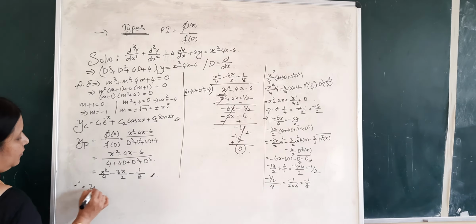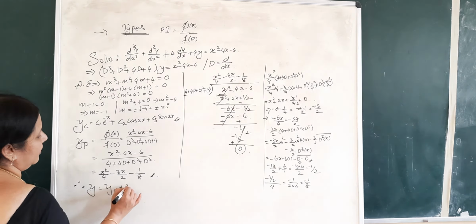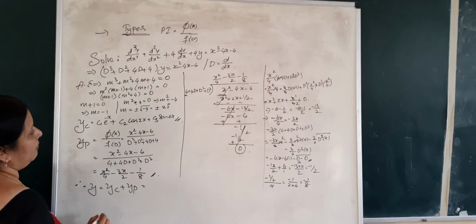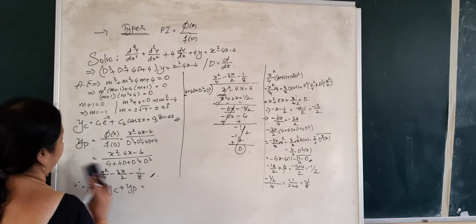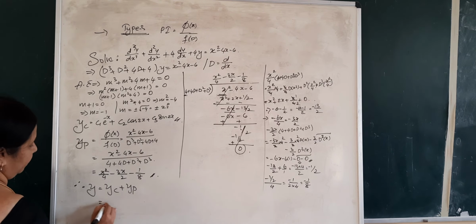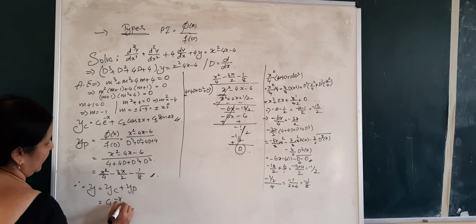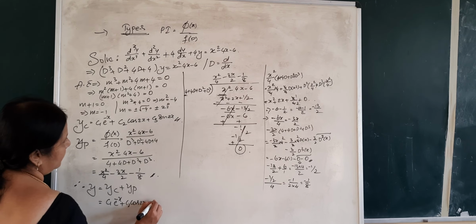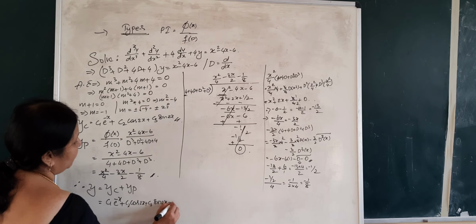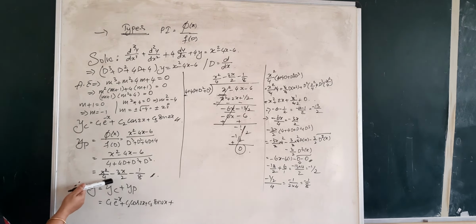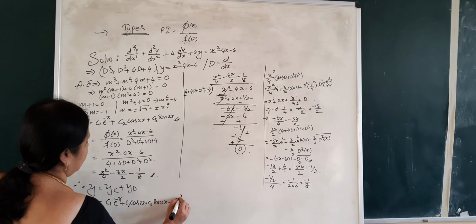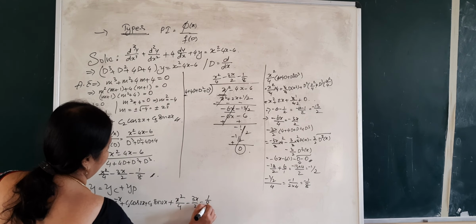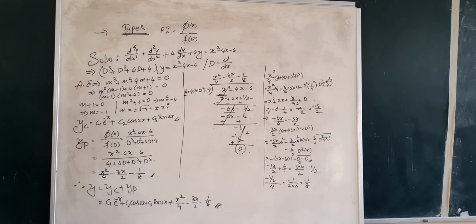Therefore, the final solution, that is the general solution of the given differential equation, is given by yc plus yp, and my yc is c1 e to the power minus x plus c2 cos 2x plus c3 sin 2x. This is my yc, and now my yp. My yp is x square by 4 minus 3x by 2 minus 1 by 8. This is the final solution.